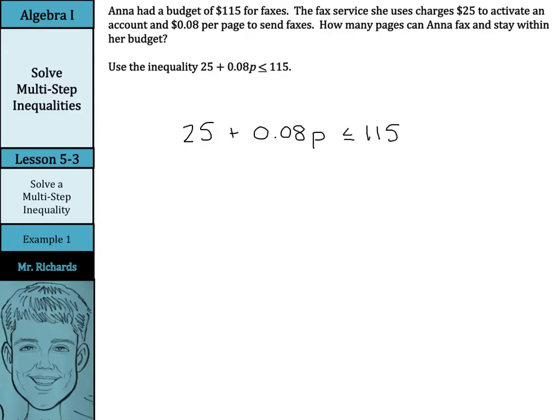We're looking to isolate our variable p, so we need to move the 25 first by subtracting it from both sides. We're left with 8 cents per page is less than or equal to 90.